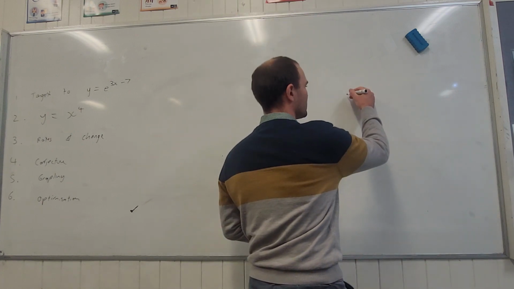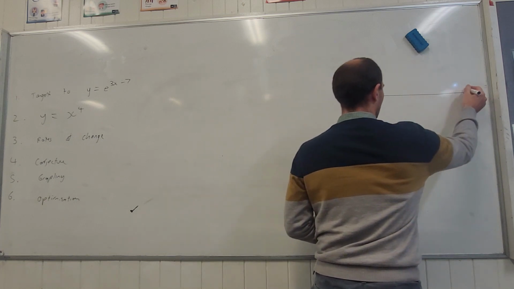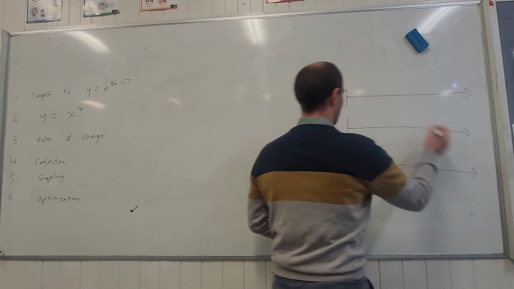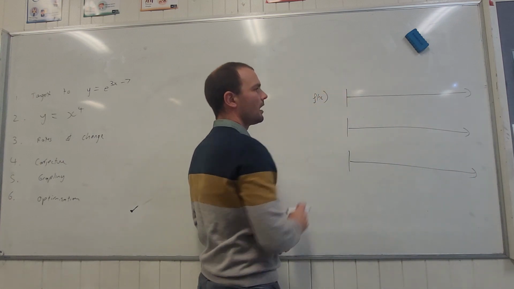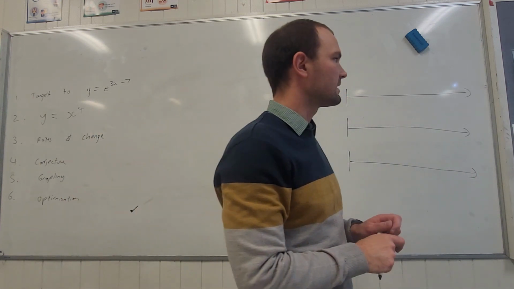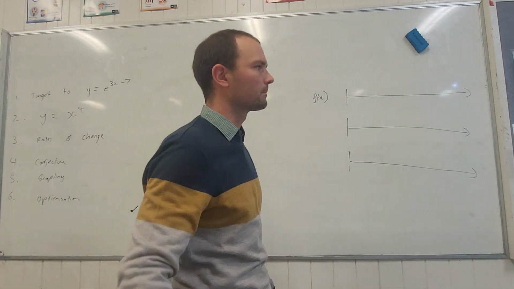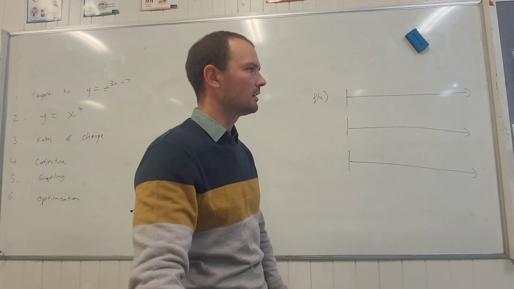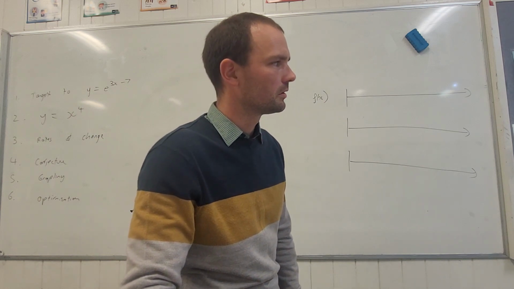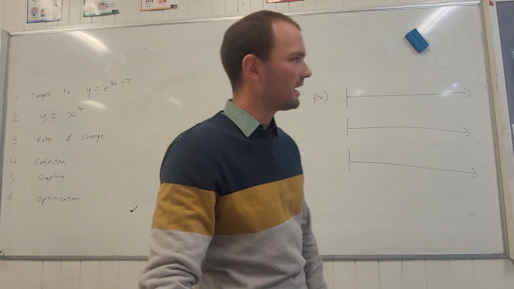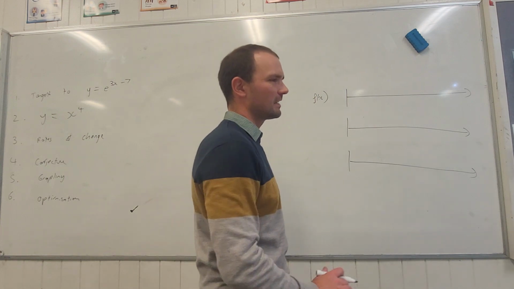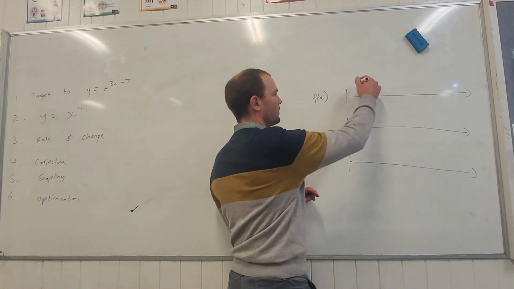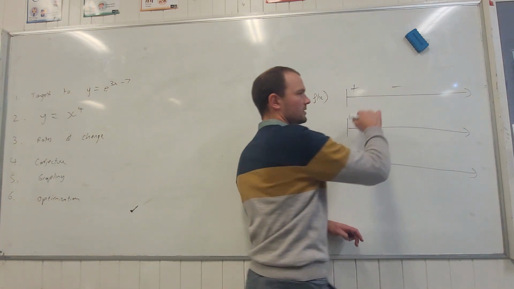Let's try sketching sign diagrams for all of them first. So here's the function. When x is 0, it's 2, and when x is 3, it is -2. So somewhere in there it changes. See how it's faded out? It doesn't really tell us, does it? So it was positive, and then somewhere in here it changes, so it goes below.